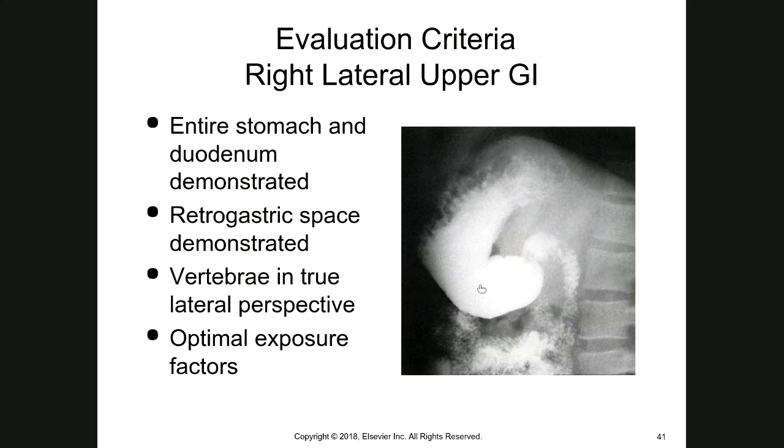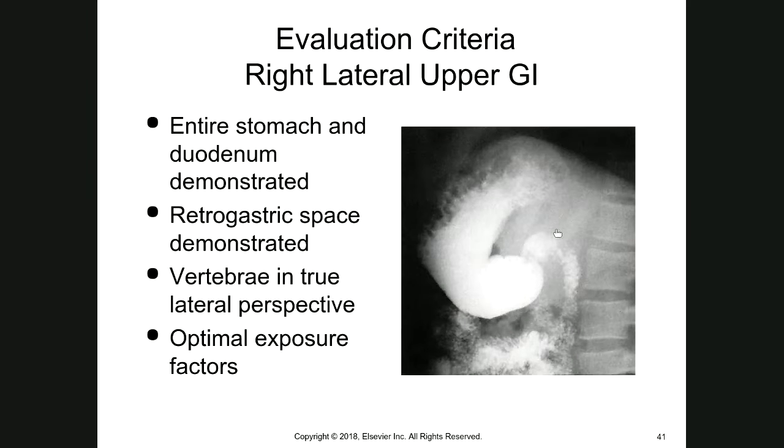The spine, you can see the spine or vertebral bodies are nice and square, meaning the patient is in a perfect lateral. If there is any rotation, it would be evident in the spine. Retrogastric space right here. So anything going on behind the stomach, this is the only view that would show that.